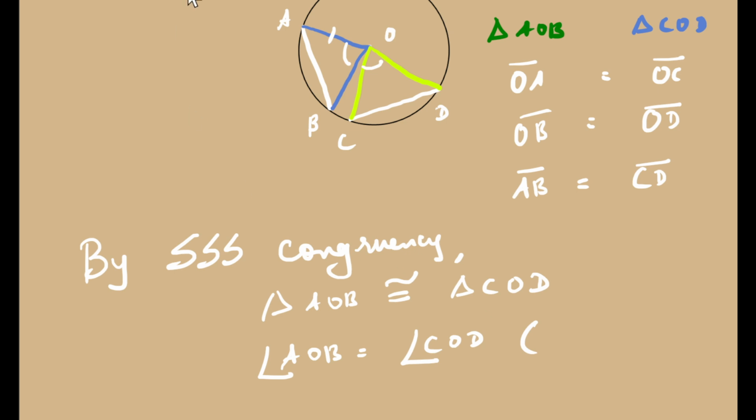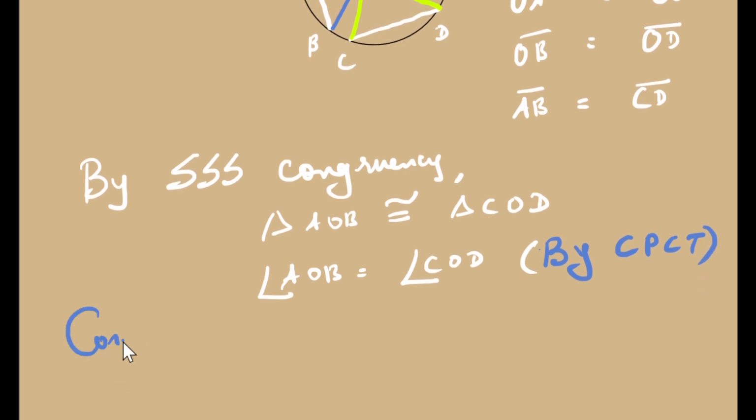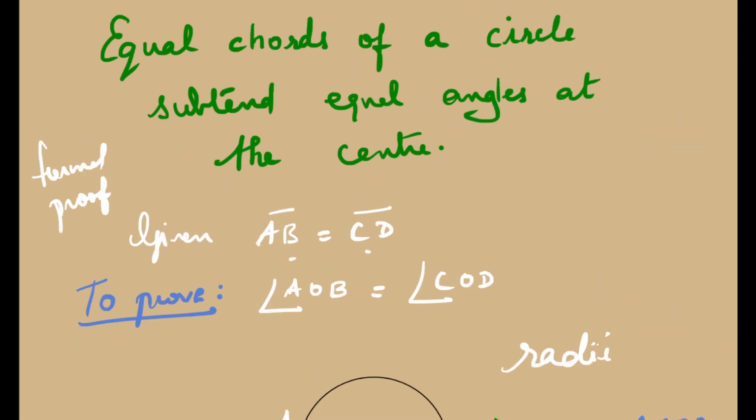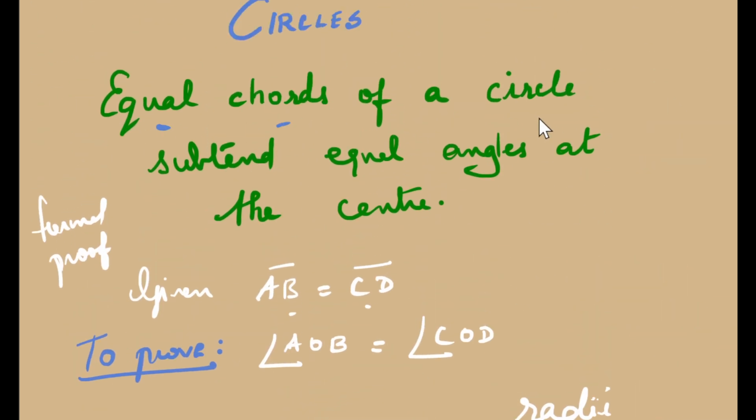This is by CPCT, corresponding parts of congruent triangles. If two triangles are congruent, all the components are equal to one another, the sides and the three angles. So we have proved what we wanted to establish, and in the process we have established this theorem: equal chords of a circle subtend equal angles at the center.